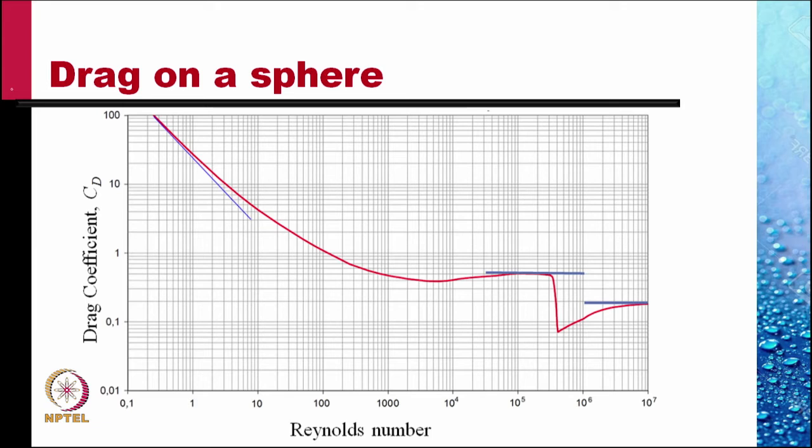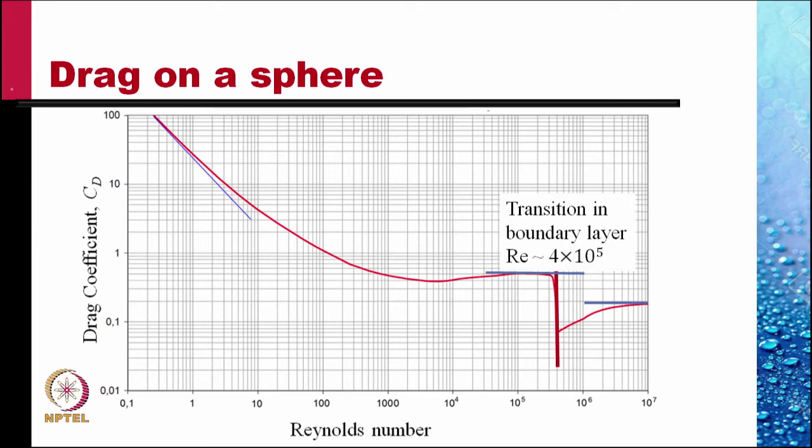Also, for a little higher Reynolds number, the drag coefficient is still constant but at a lower value. Most sports exploit the fact that the drag coefficient decreases when the speed is higher.